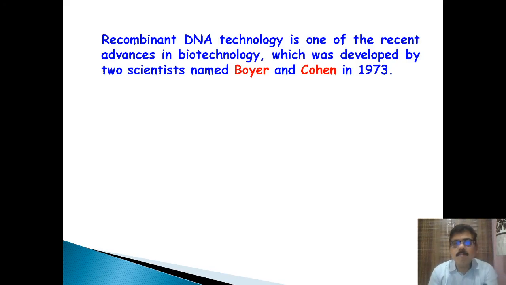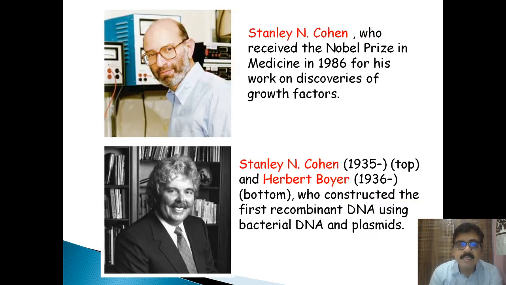Then this recombinant DNA technology is one of the recent advances in biotechnology, which was developed by two scientists, Boyer and Cohen, in 1973. This is Stanley Cohen, and this is Herbert Boyer.